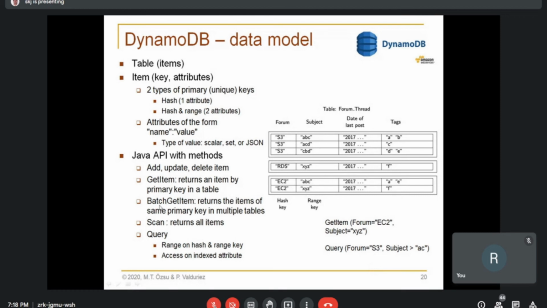Also batch get item, scan, query, range on hash, range key access. So just for brief understanding, this is the structure of this kind of data.